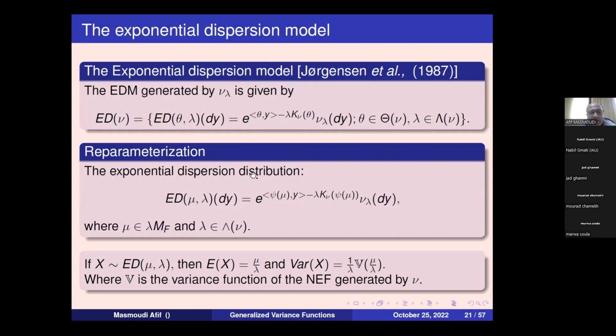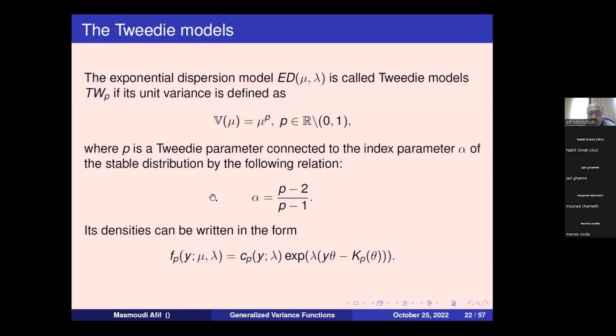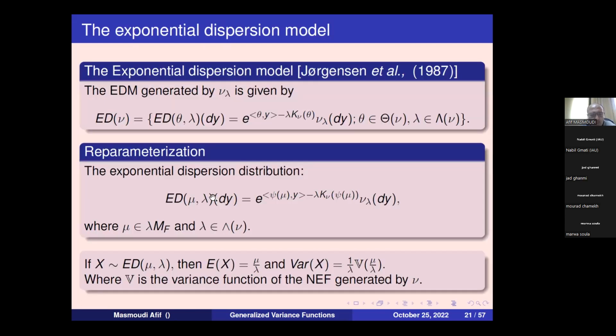The exponential dispersion distribution is given by this expression. Here we parameterize by the mean parameter mu.